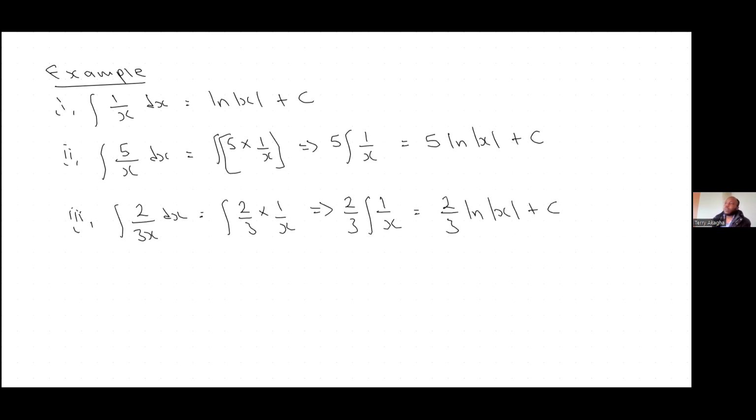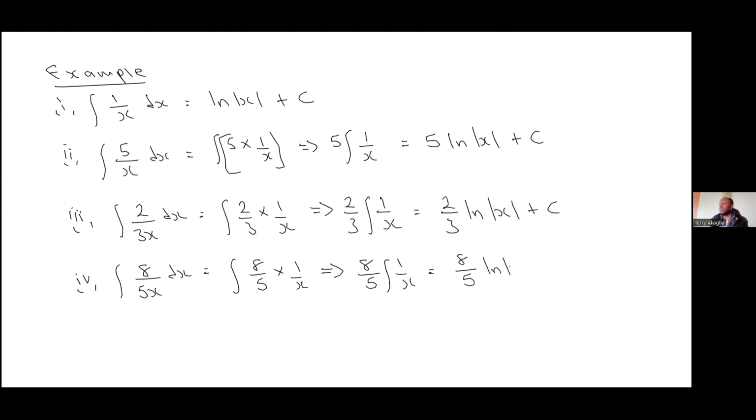Number 4, we're integrating 8 over 5x dx. Same thing, you break it down and bring out the constant. It will be 8 over 5 multiplied by 1 over x. You bring out the 8 over 5, so it's going to give us 8 over 5 times the integral of 1 over x, and that will give us 8 over 5 ln what? x plus c.